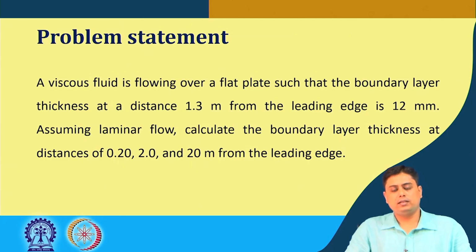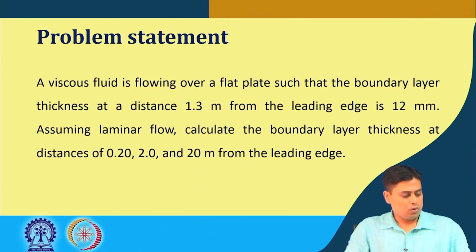At a certain distance x the boundary layer thickness becomes delta. So this problem is based on a very fundamental concept: we have to calculate the deltas at different x's downstream of the flow. So, how do we solve this problem?